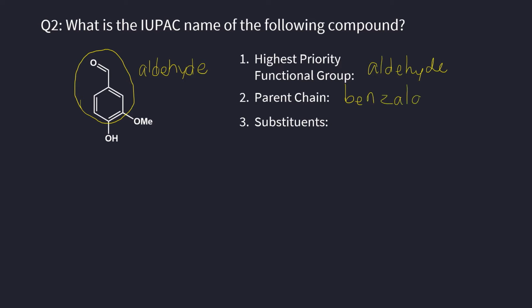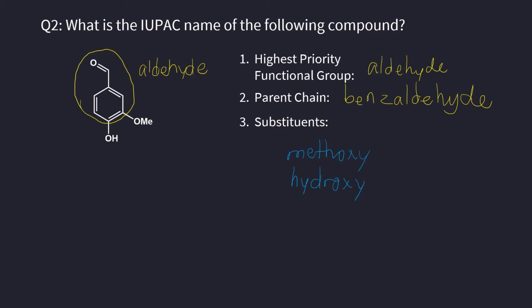And we will use that as the parent name or parent chain of our compound. So we have our substituents, the methoxy and hydroxy group. All of the lower priority functional groups become substituents to our chain.